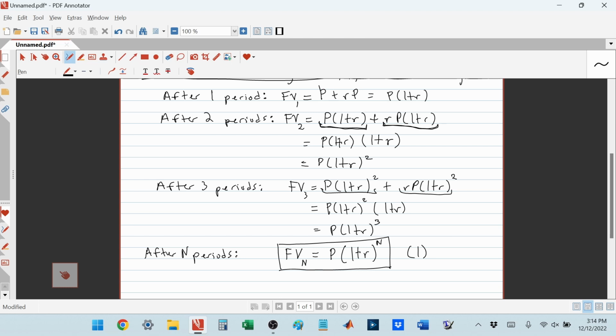Now, we did make a jump between here and here. It just looks like the pattern is future value after the ith period is equal to P times 1 plus R raised to the power of i for all i, including when i equals n. But we've made a little jump here. Technically, we would need to prove that the pattern holds for all n.